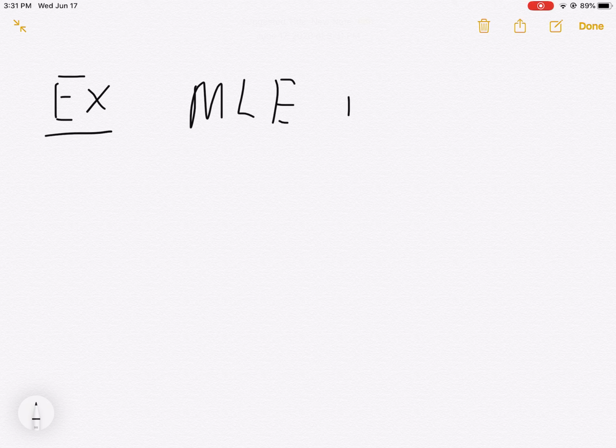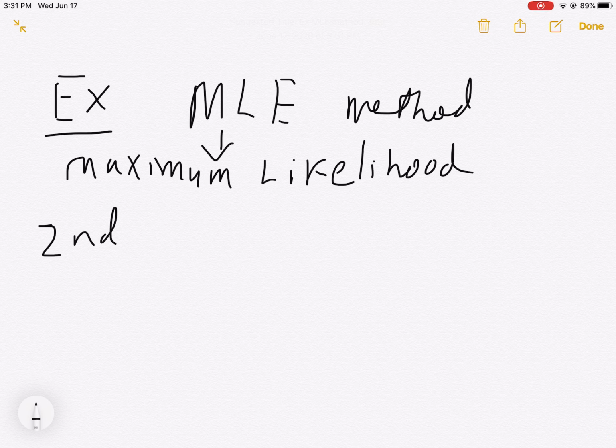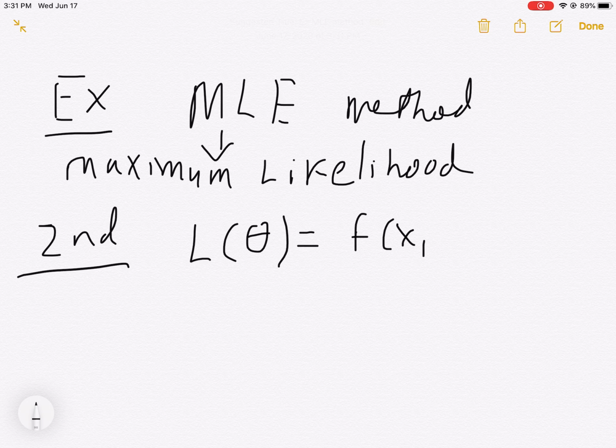MLE method. And MLE stands for maximum likelihood. So the second step, because we've already done the first, is to form L of theta, which is going to be f of x1, comma, and by the way, theta is equal to beta in this instance.